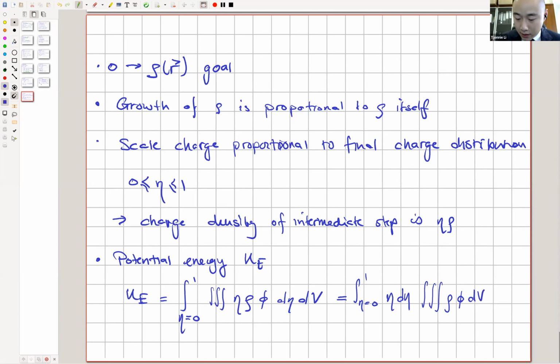The first part is simply the integral of eta from 0 to 1, which gives me a half. So I end up with a half times the integral of rho phi dV.